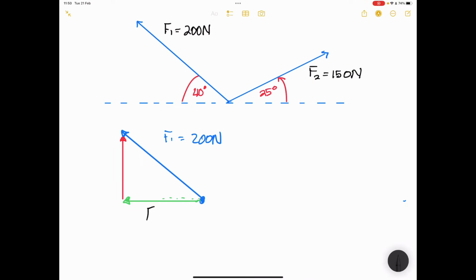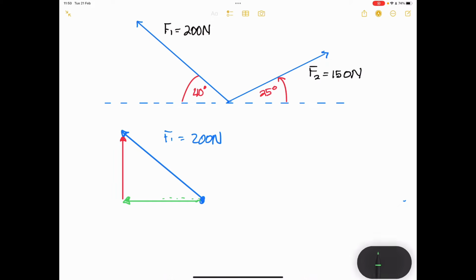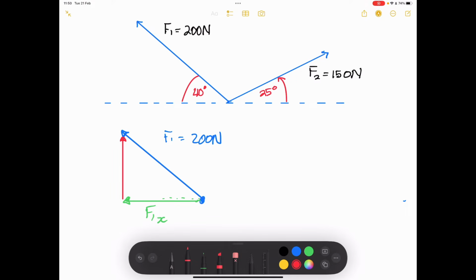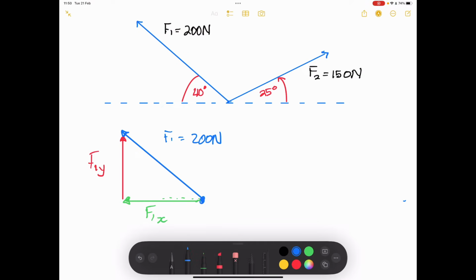So this I'm going to call F1x, okay? Maybe just for the sake of continuity, let me write that in green. So I'm going to say this is F1 in the x dimension, and of course this will be F1 in the y dimension, the vertical and the horizontal component of the force.